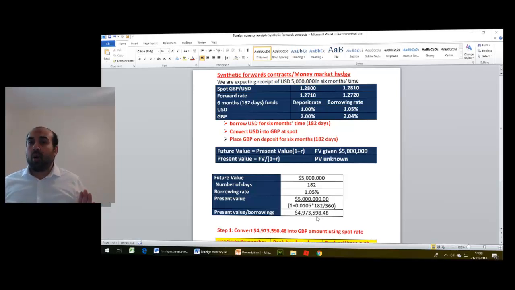That is the amount we are going to borrow today for 6 months at a rate of 1.05% per annum for 182 days. The receipt of 5 million US dollar in 6 month time will be used to repay the borrowing principal plus interest when the borrowing matures.